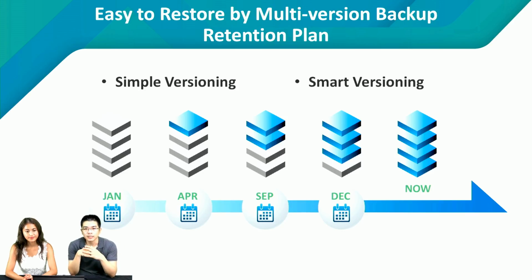Like I can arrange that for each month I keep one backup, each quarter I also keep one backup, and for each year I also keep one backup. So you can have your backup from far away, like 2 years ago, 3 years ago.